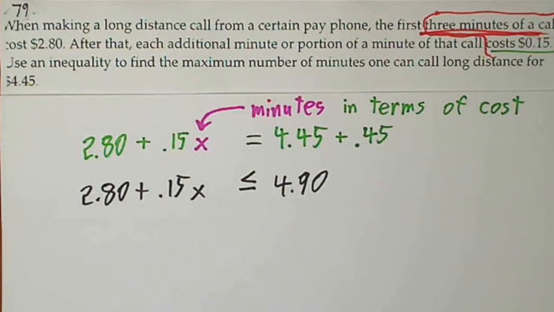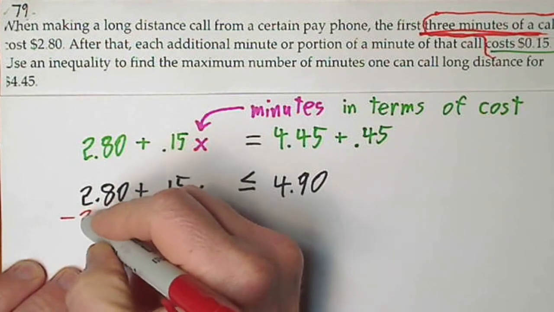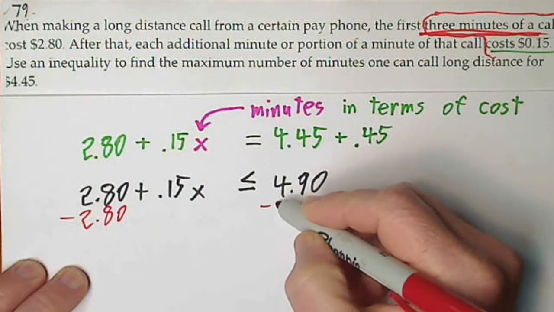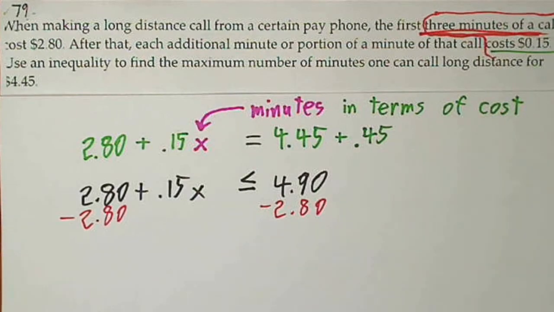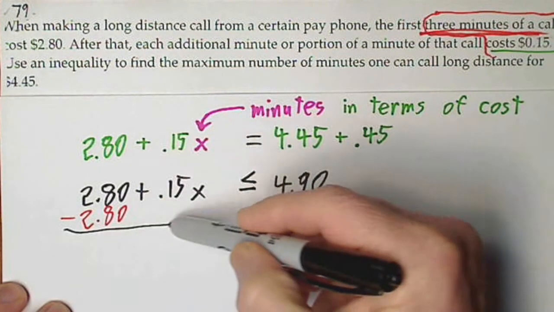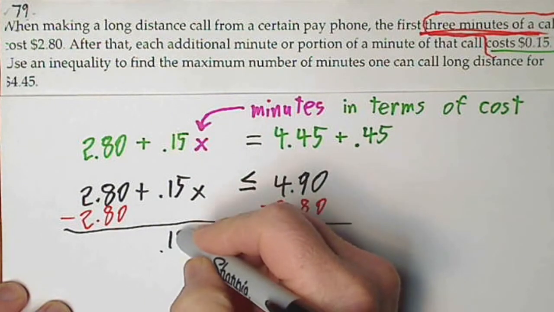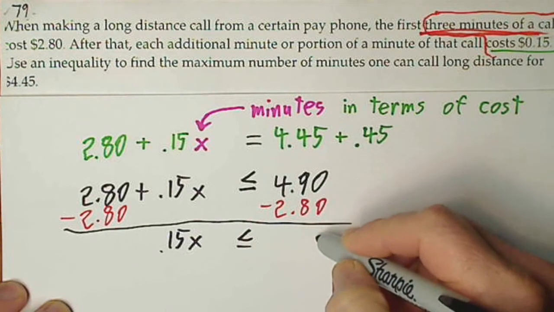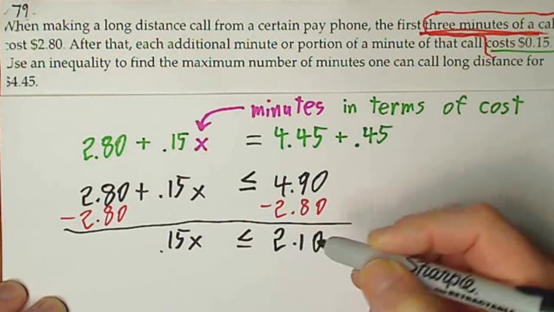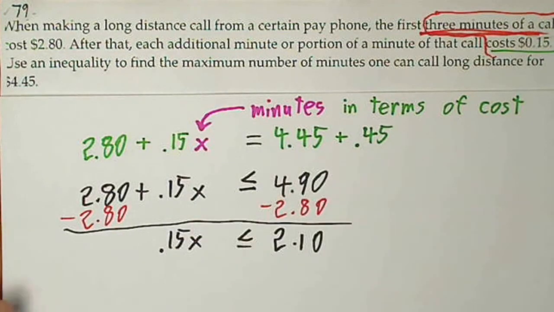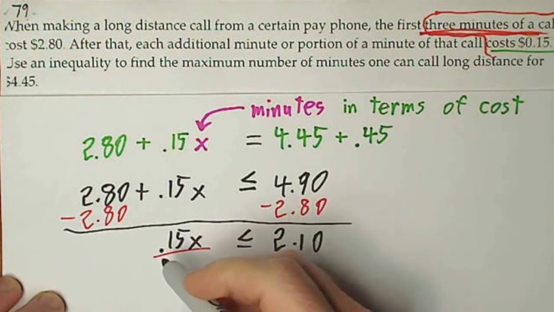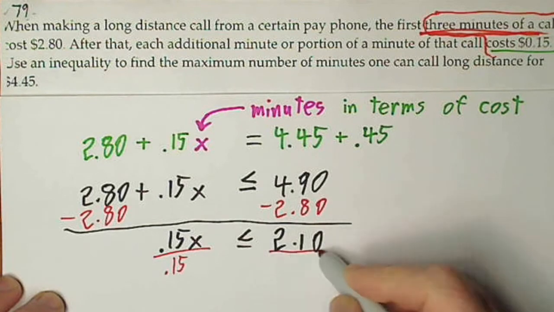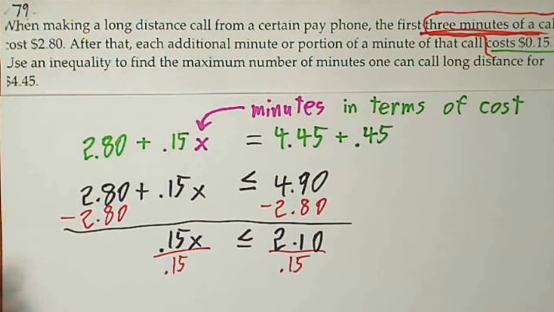And we want to get rid of our 2.80. Let's see what we've got left here. We've got 15 cents a minute, less than or equal to $2.10. And let's get rid of this 15, well, 15 hundredths. So we divide each side by 15 hundredths.